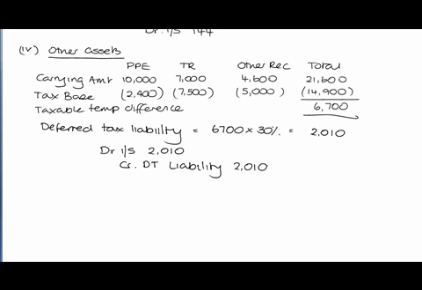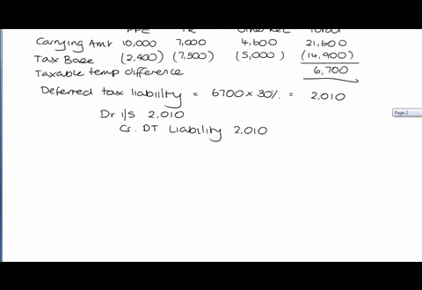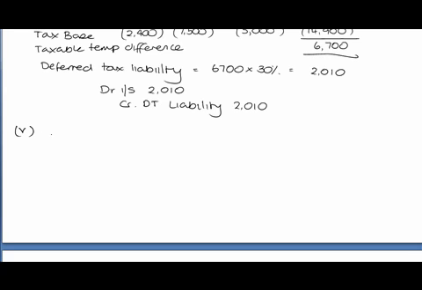Then we've got note 2. Other intangible assets were development costs which were all allowed for tax purposes when the cost was incurred in 20x5. So we go to development costs.